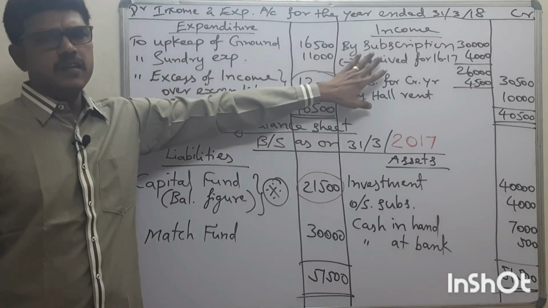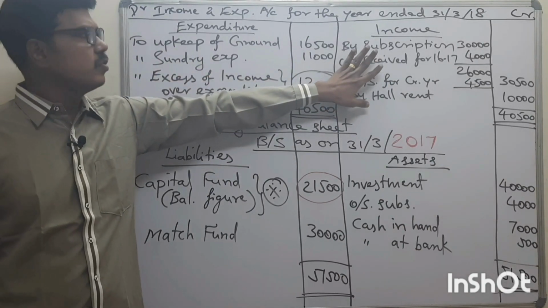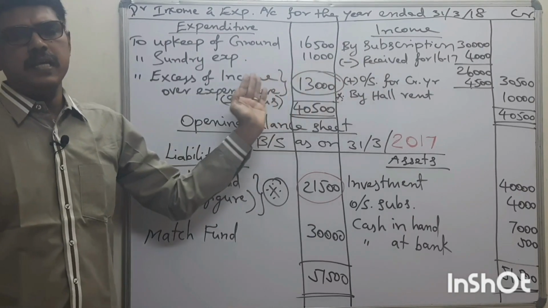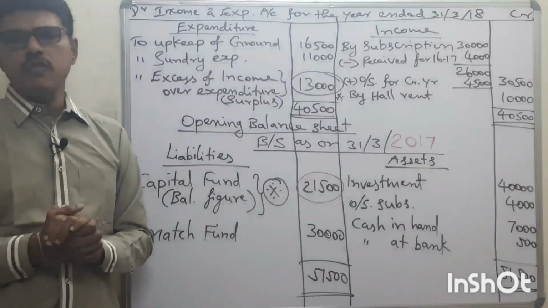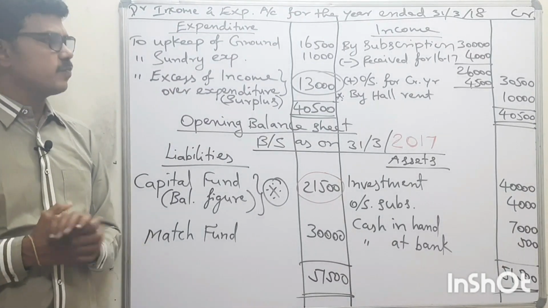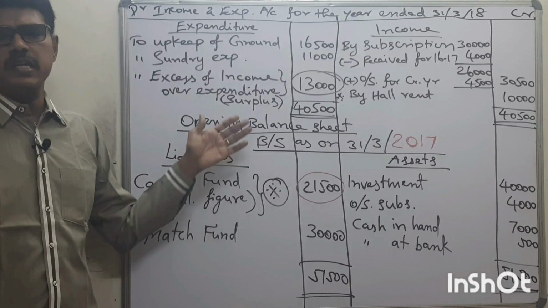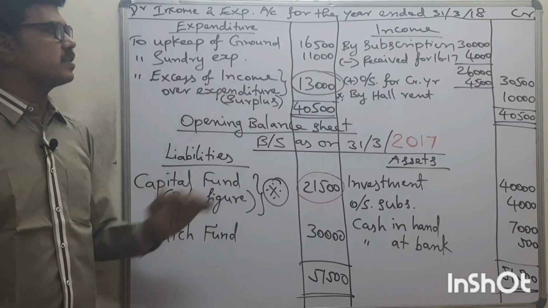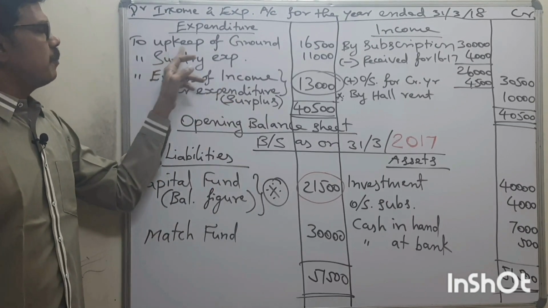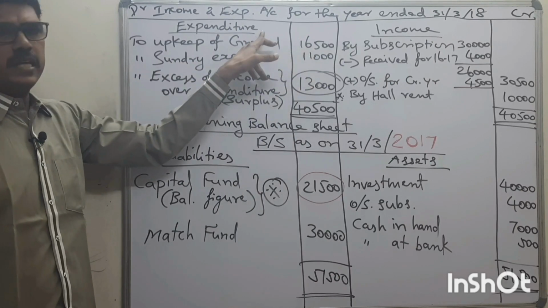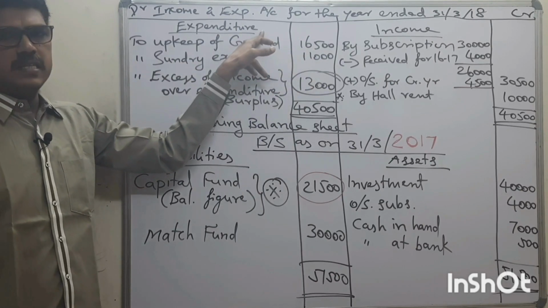Like that, here we should record all the revenue incomes, the revenue receipts, in the income side. The life of the particular expense or income must be over within the particular financial year. Then we can consider that as an income or expense according to the nature. Upkeep of ground 16,500. This is available in the payment side.